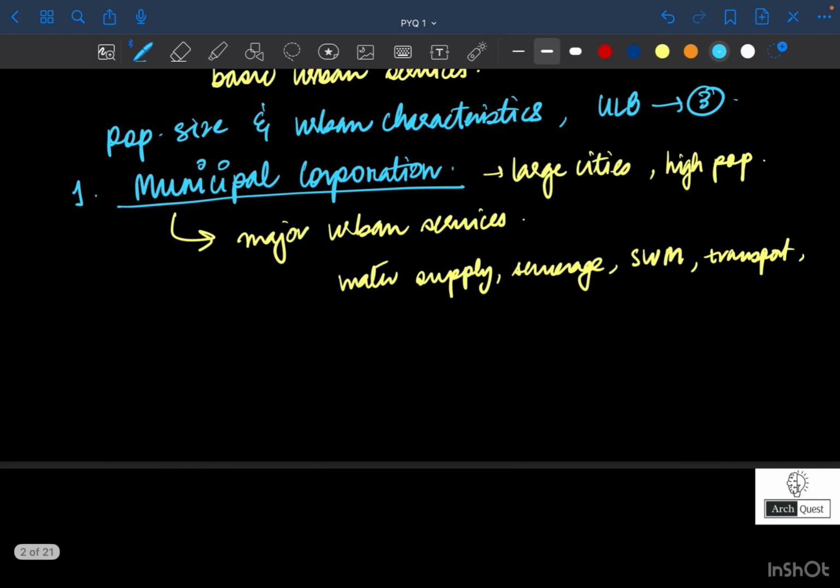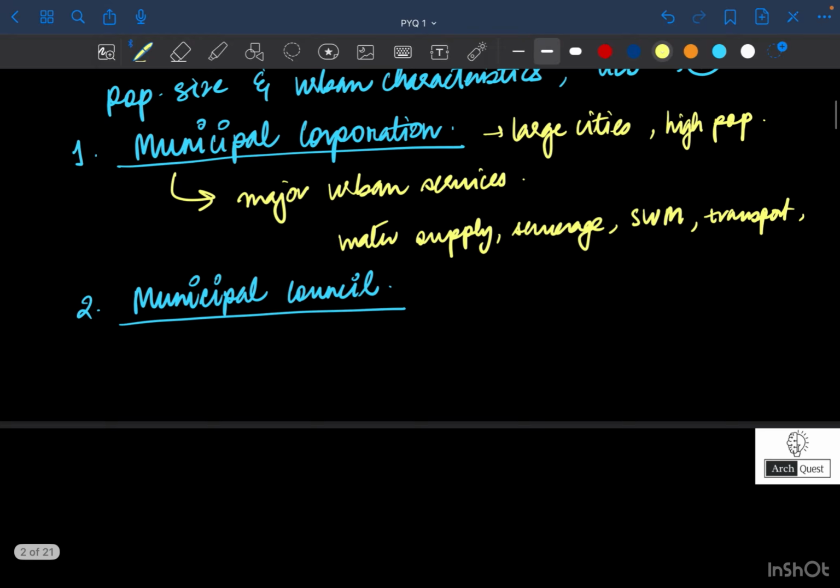Second comes the municipal council, or the municipality.